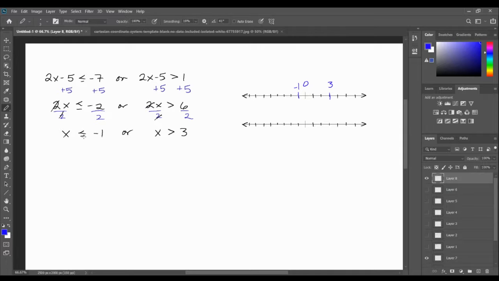So I need the values that are less than or equal to -1. The or equal tells me I need a bracket. And draw my line out here. So that's the less than or equal to -1. Now I need greater than 3, so greater than gets a parenthesis.